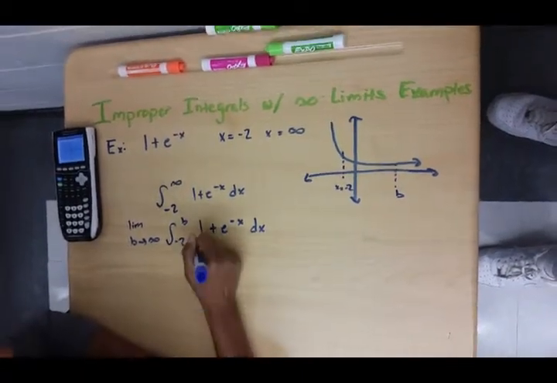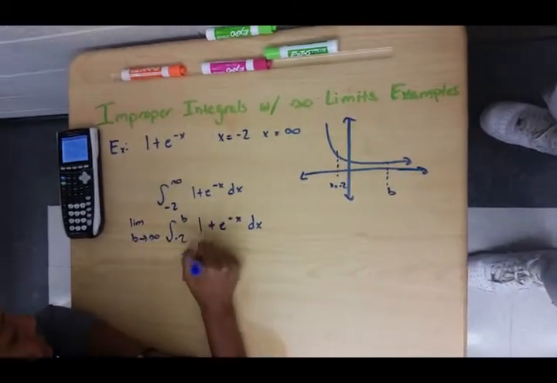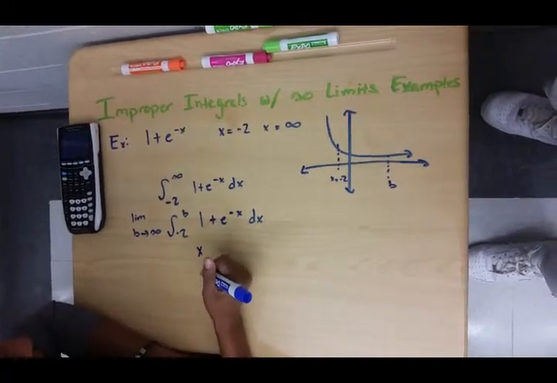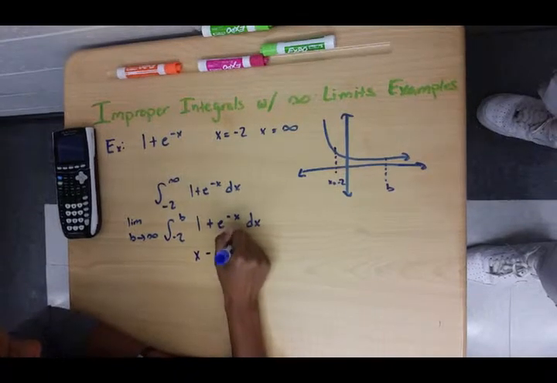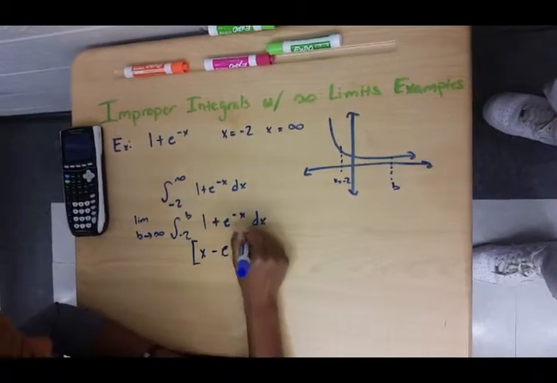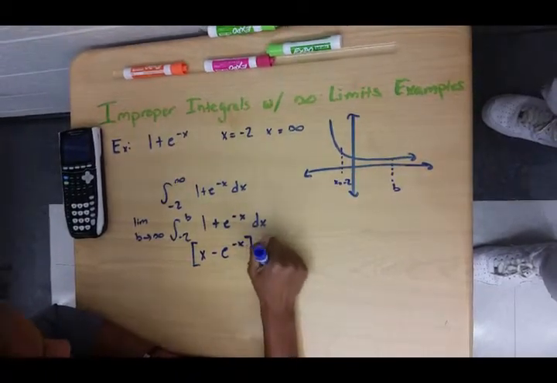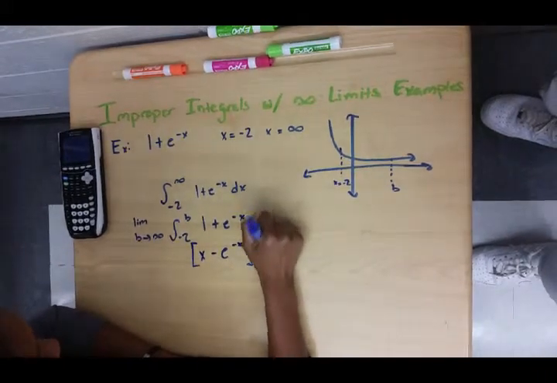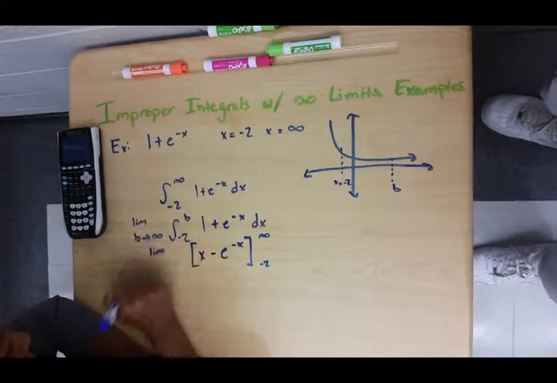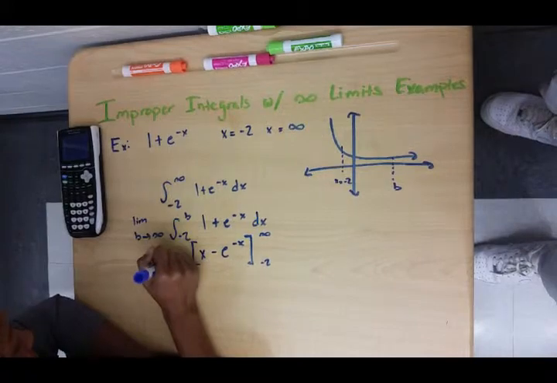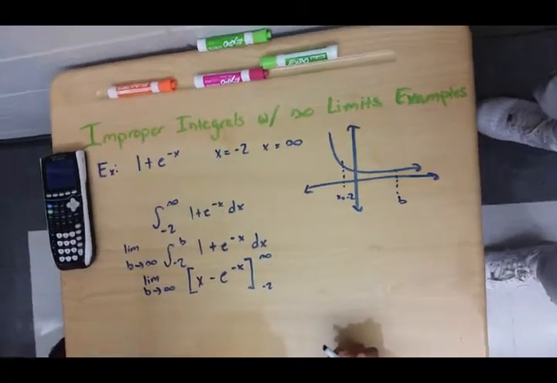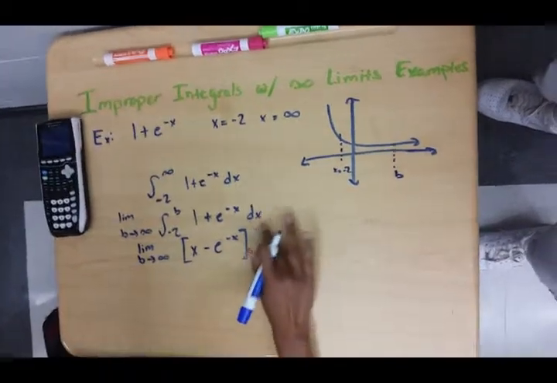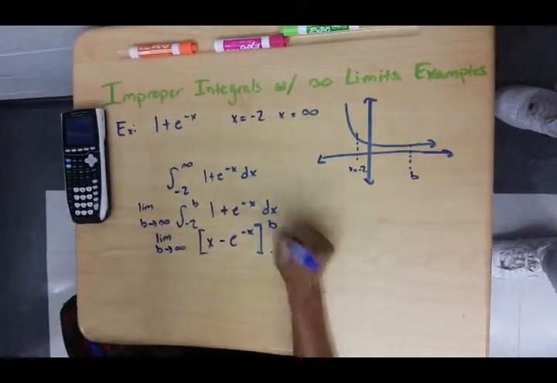And so the antiderivative of 1 is x, and then the antiderivative of e to the negative x is negative e to the negative x. Put it in brackets and do our bounds. My bad, that's supposed to be a b.